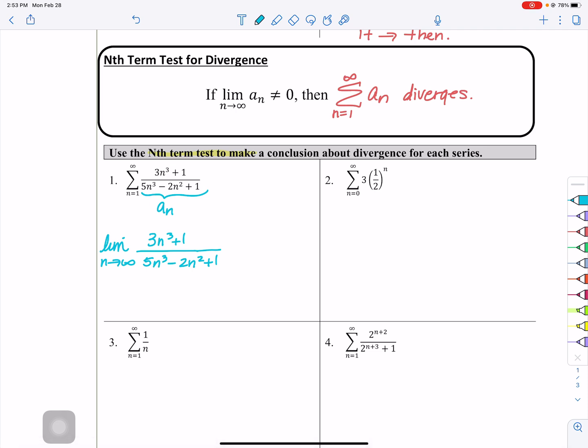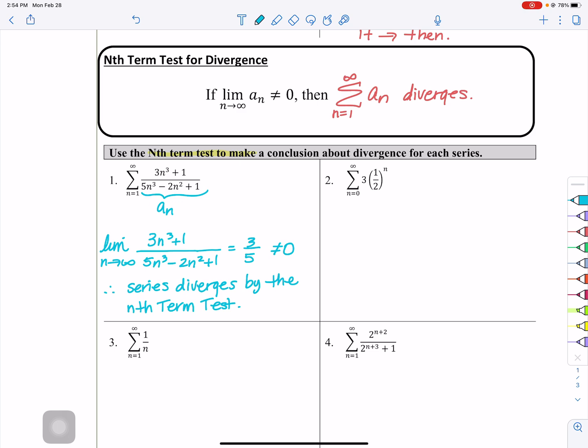As you can see, this limit is equal to 3/5. And 3/5 is not equal to 0. Therefore, that series diverges, and we have to say why, because we will have a lot of tests, by the nth term test.